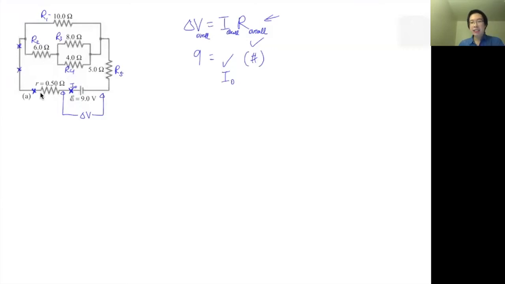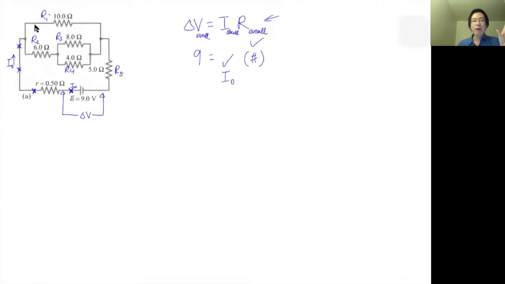The reason is that if the current here is smaller than the current here, if there's more charge per unit time going here than here, then the charges will start piling up, like a very bad traffic jam in LA. So if you want a smooth, constant, steady circuit like this, then the current must be the same value everywhere in the branch. The amount of charge per unit time has to flow constantly.